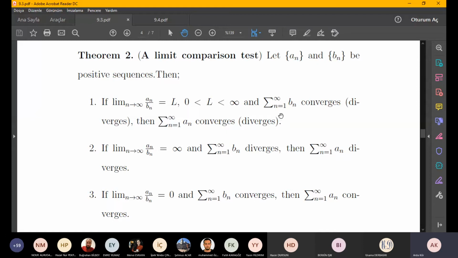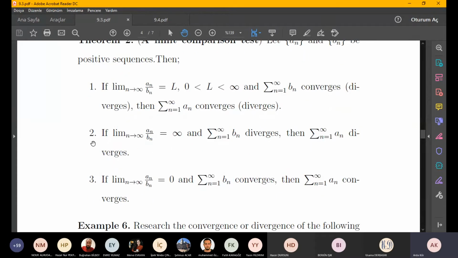And also, of course, for convergence, b_n should be convergent. That gives a_n convergent. Or let's say directly, a_n has the same behavior as b_n if you have a finite limit.